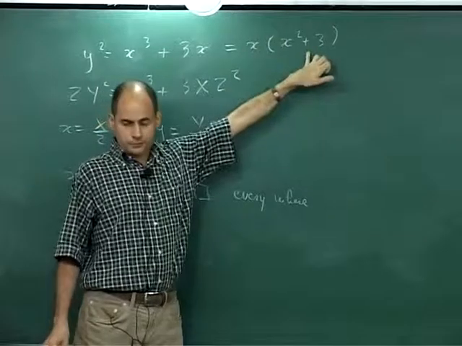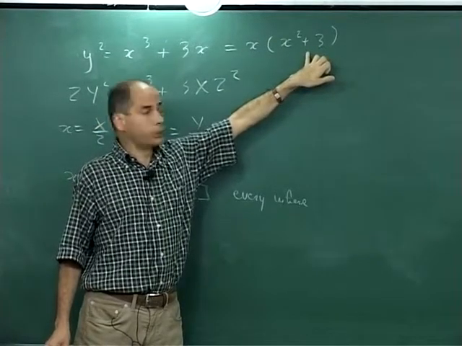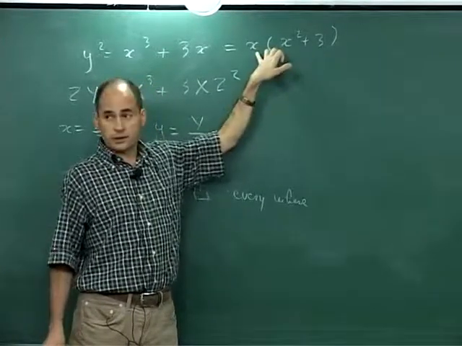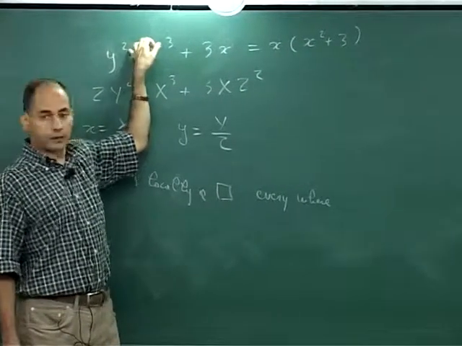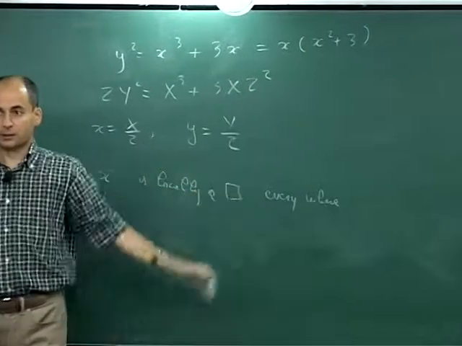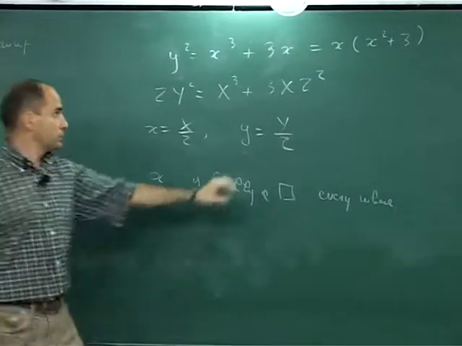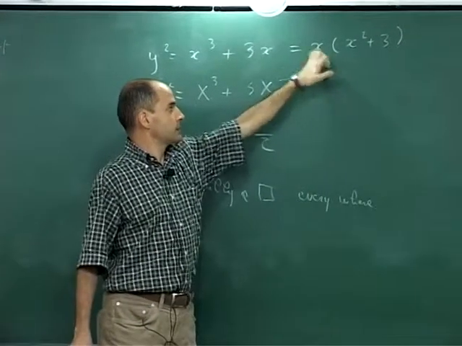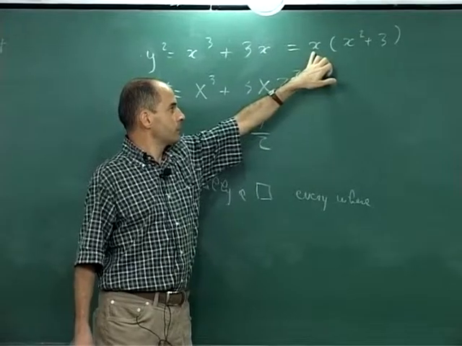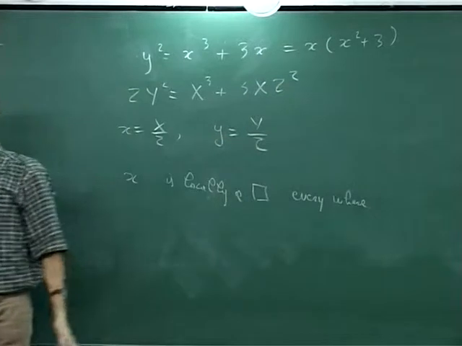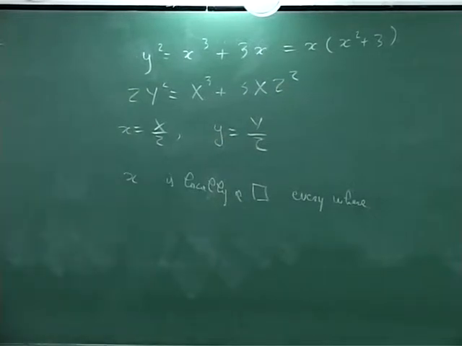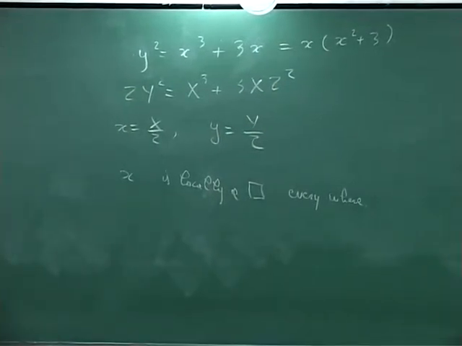So the right-hand term has a pole of order 3 times the order of x. And if 3 times a number is an even number, then this number is an even number. So x has a pole of even order. Actually, it has a pole of order 2. So it's a square locally everywhere.